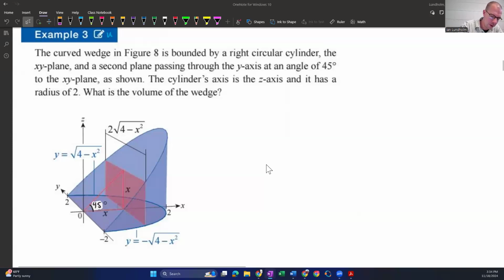So let's go ahead and start making our integral. I think that we can go from 0 to 2, and we've got the dx as our differential. And now we need to figure out the area of that rectangle.